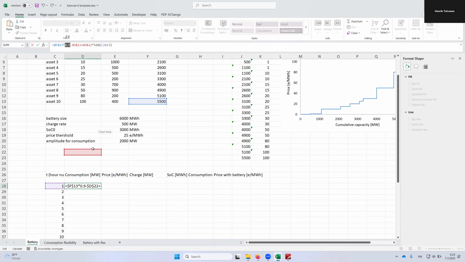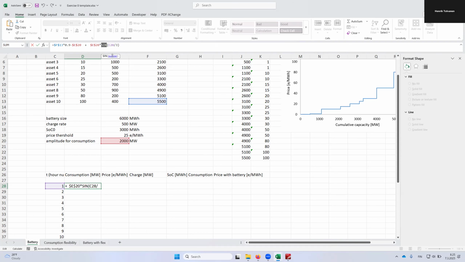That's an arbitrary decision, and you can change that later on. And then I have in here the amplitude for this consumption wave. So this is again pretty much an arbitrary decision, so you can do it other ways as well. But this is the baseline consumption, and this is the sin wave for it.